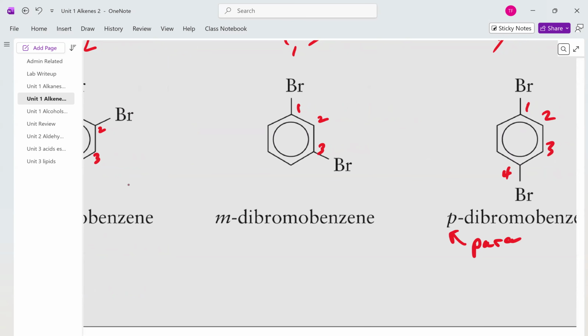Think of a paraglider. Wings are out each side. And then the one in the middle is meta. But this is an old world naming, and it has stayed around.